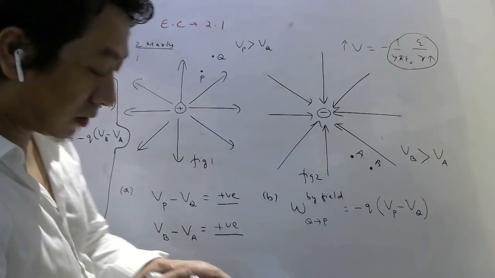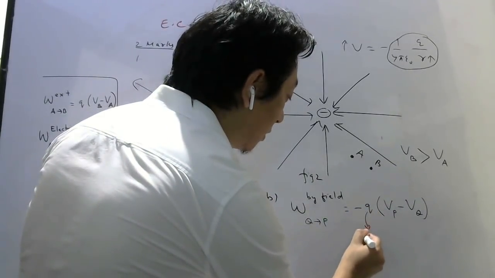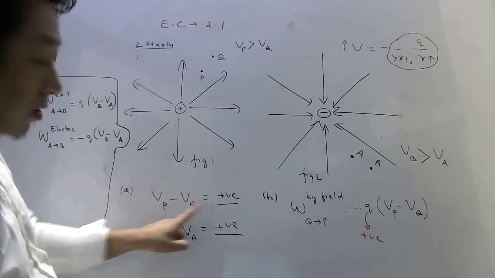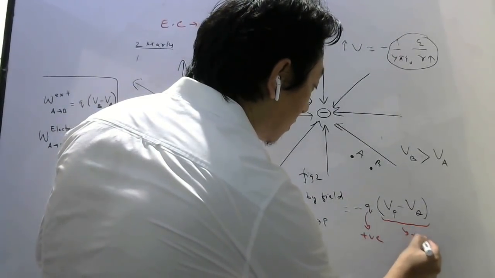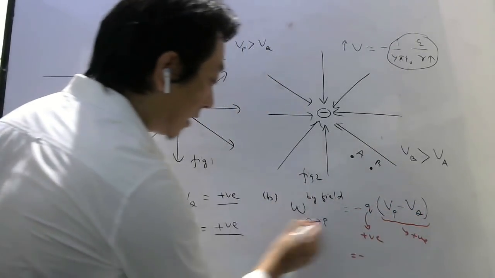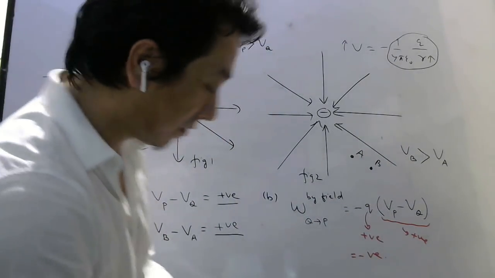They told us what kind of charge they are moving? Positive charge, so Q is positive. VP minus VQ we already know is positive, so this is also positive, but the minus sign is there. So the left side will be negative. So the answer is negative.